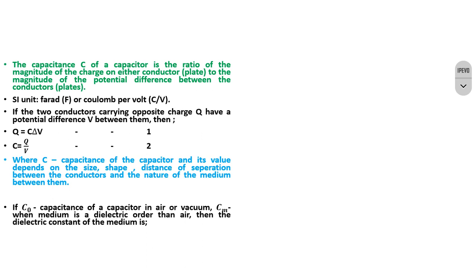If C0 represents capacitance of a capacitor in a vacuum, and Cm is capacitance of a capacitor in a medium, then we can use this expression to find the dielectric constant of the material, K.